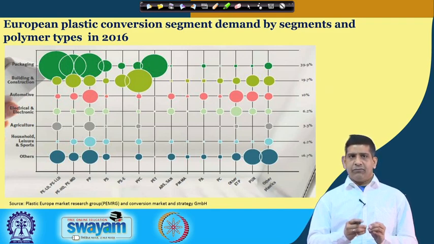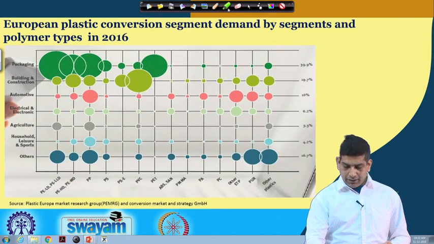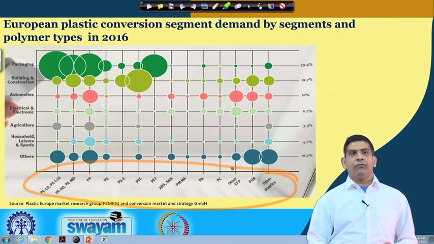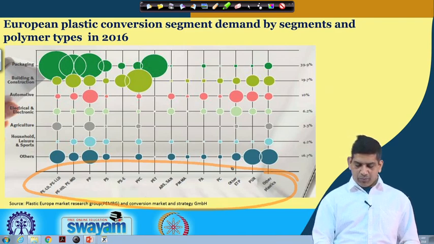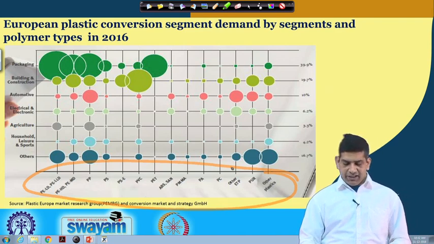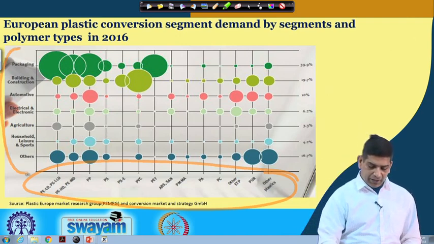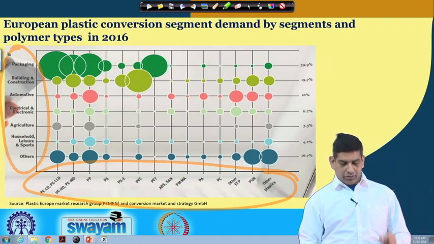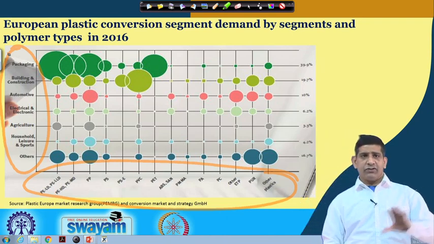At the bottom on the x axis we have the different types of plastic being used, like PELD, PELLD, PEHD, PP is polypropylene, polystyrene, and PVC, PET. On the y axis you are seeing the areas where they are used: packaging, building construction, automotive, electrical, household, leisure and sports, and others, which you saw in those categories 2 slides before.